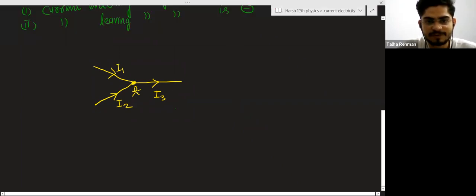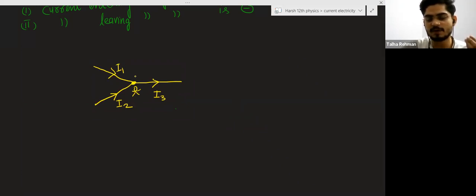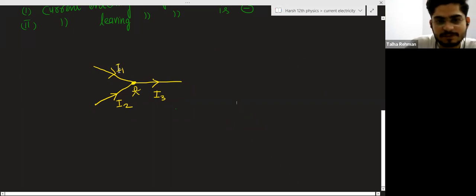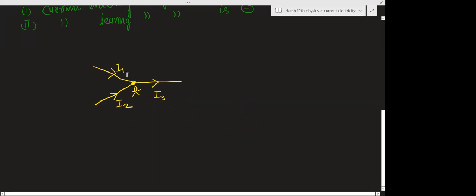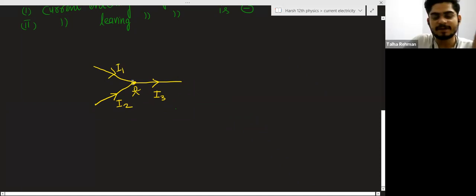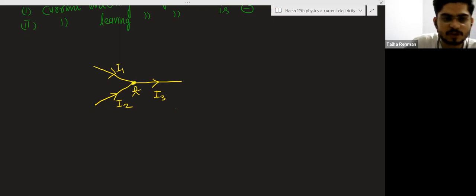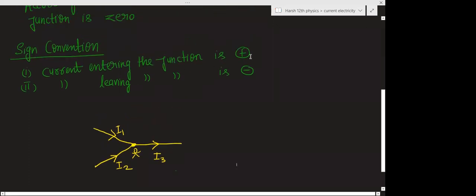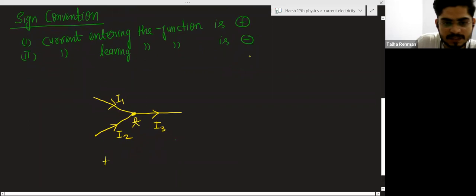You will assume yourself at the junction, and from there you will decide the sign of current. So what is the sign of this current I1? According to this law, the current at the junction is 0, but you have to take the current with sign. This current is entering the junction, so you will take entering current as positive. So you will take plus I1.